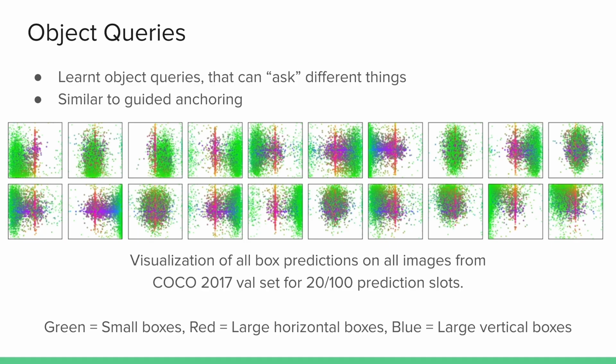It's quite interesting to see that some of these object queries focus more on the center and say, well, give me small boxes and big boxes in the center, and other object queries are conditioned to look on the side and maybe only look for small objects on the left, or small objects on the right, or long objects in the center, and so on and so forth.